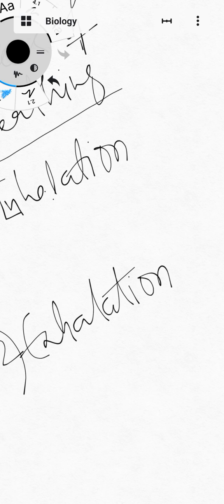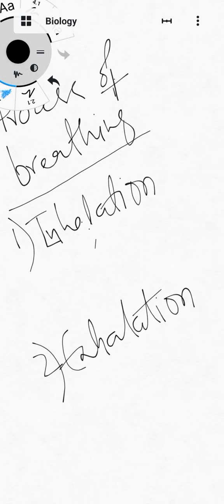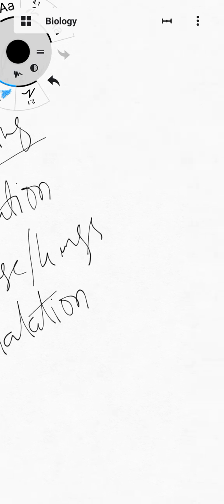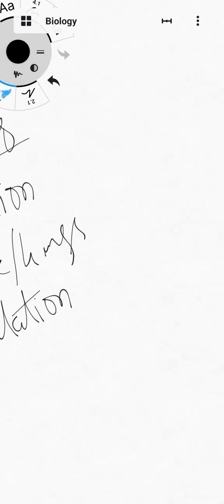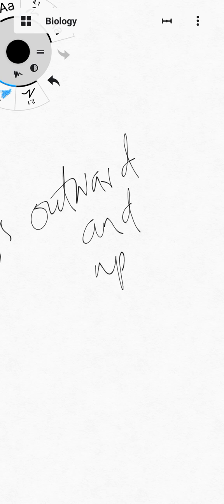So basically, in inhalation, the movement of the rib cage and lungs is outward and upward. Whenever you breathe in oxygen, your lungs will move outward and upward.